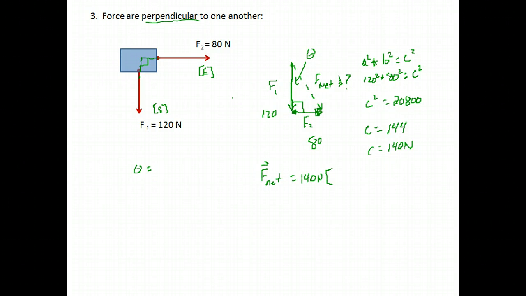So theta would be the inverse of tan, 80 over 120. Same as last chapter, so this will be second nature now. And our angle will work out to give us 34 degrees. And describing this motion, so the first force is going south, that's going 34 degrees east. So your final answer is south, 34 degrees east.